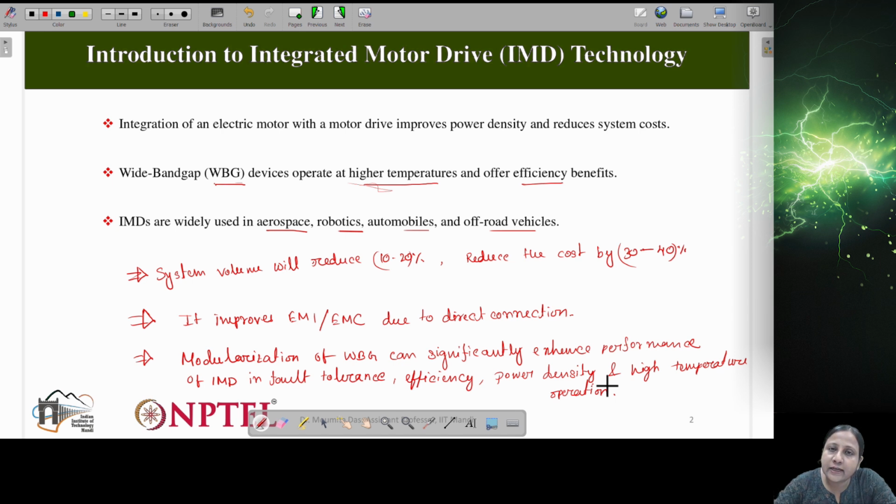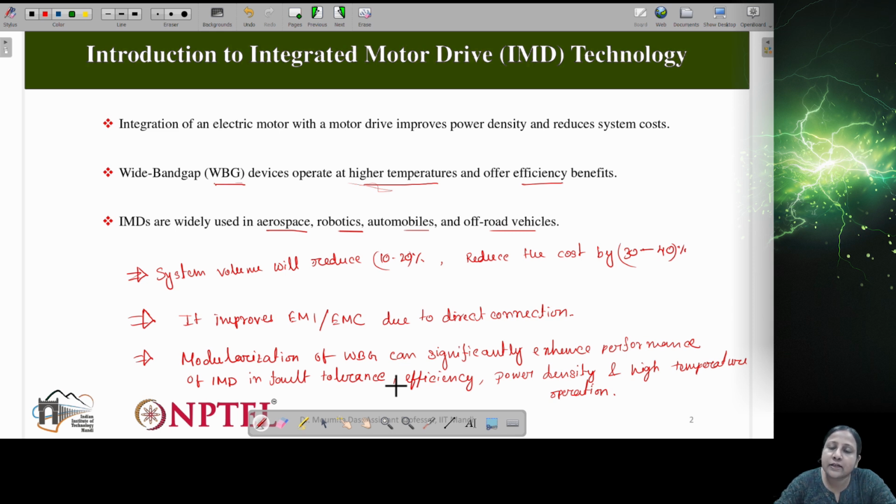The second thing is that a silicon converter is not suitable to operate at high temperature. Means the temperature limit of silicon devices is much lower than that of silicon carbide or GaN devices. It is expected to use these wide bandgap devices up to 300 or 600 degrees Celsius, right?